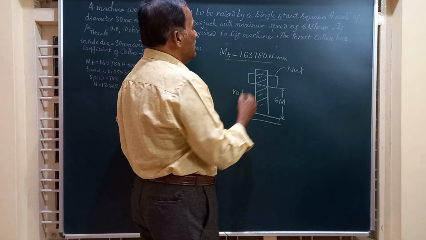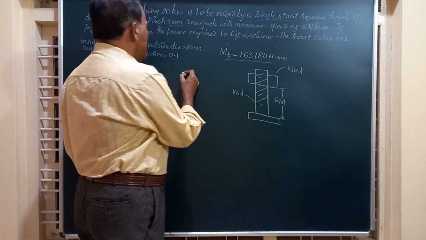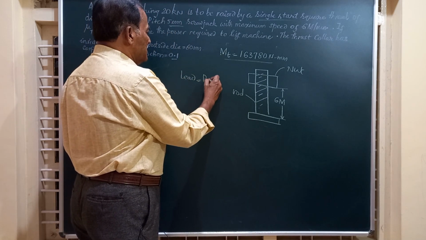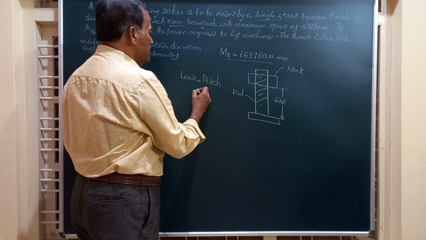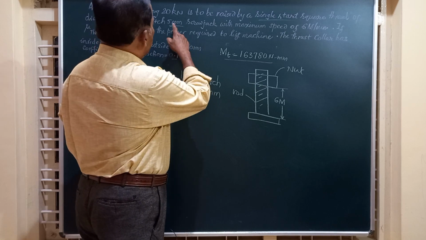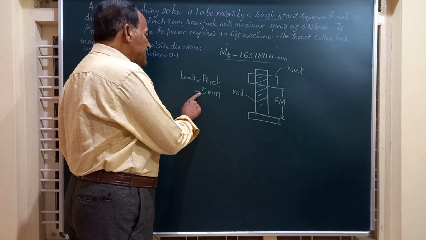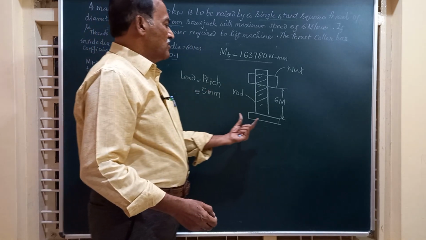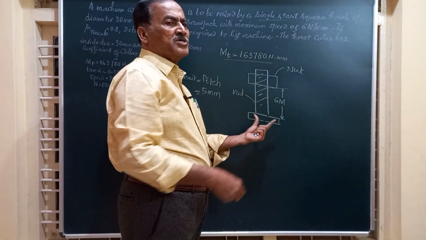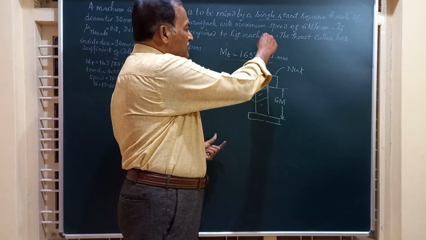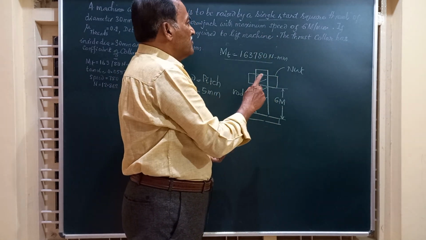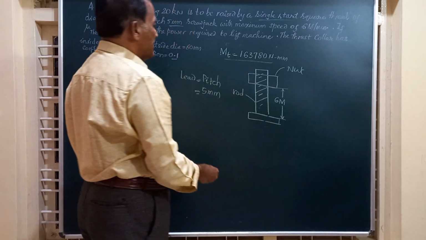Let's remember here lead is equal to pitch, because that is specified in the problem. The threads are single start, so that is equal to 5 millimeter, that I have shown here. So what's the meaning of this? That is, holding this screw rod stationary, if you give one rotation to the nut, it will move down or move up by a distance of 5 millimeter.